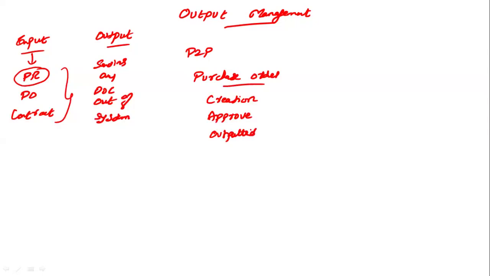Only then it should be outputted. So you need to set the system saying that whenever I raise a document, the first checkpoint should be to check if the release procedure is applied or not. If the release is not applied, then as soon as I create, it goes directly to the supplier. If the release is applied, then after release, you need to go to the supplier. So this is called output management.